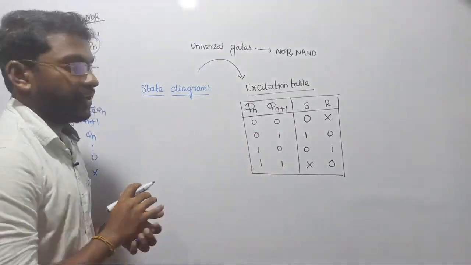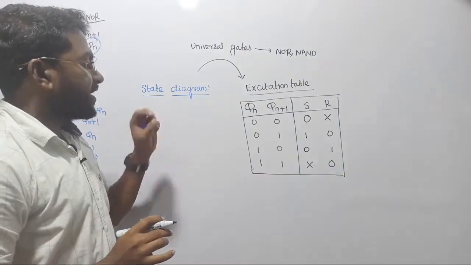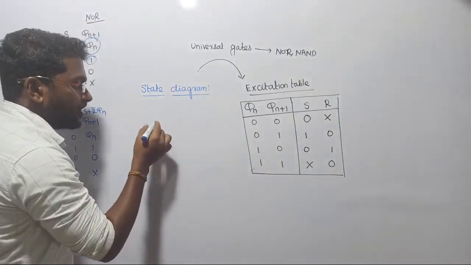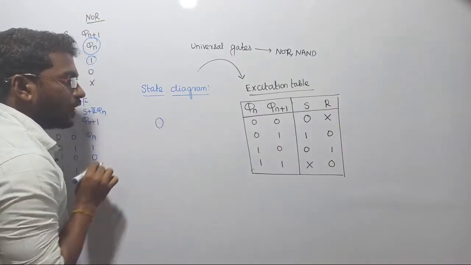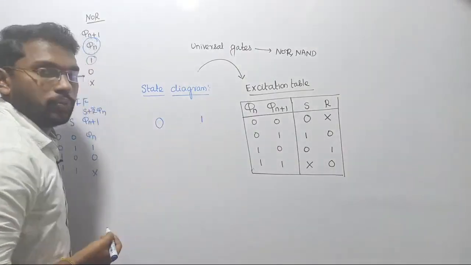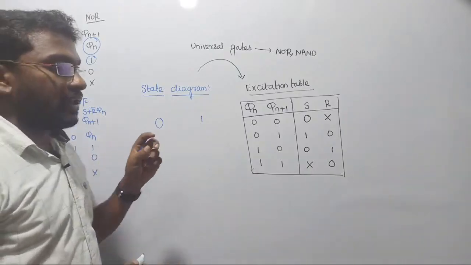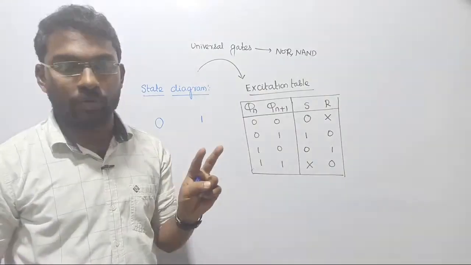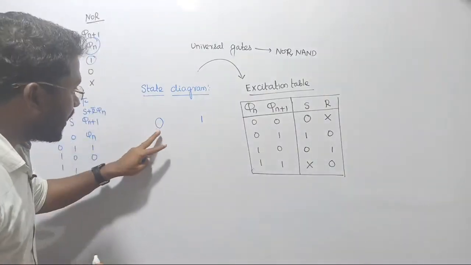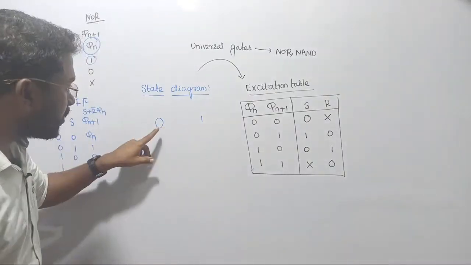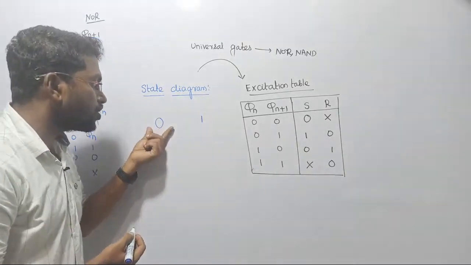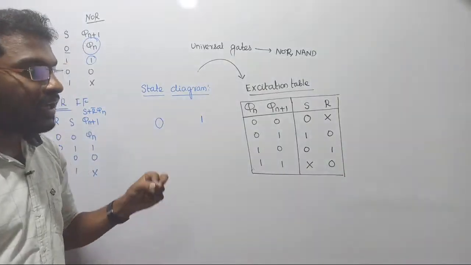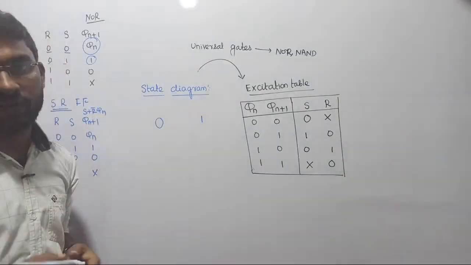First of all, listen guys, in the state diagram there are two possibilities. You may have 0 as the output, or you may have 1 as the output. Usually we consider two outputs, past output and present output. The second thing is how many bits we are going to consider. Either 0 only, or 0 0, 1 1, or 0 0 0, 1 1 0, 1 1? It depends on the number of flip-flops that we are choosing.